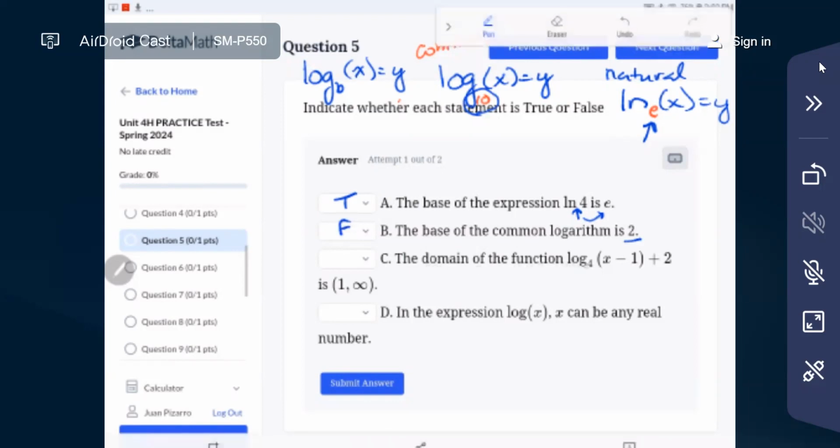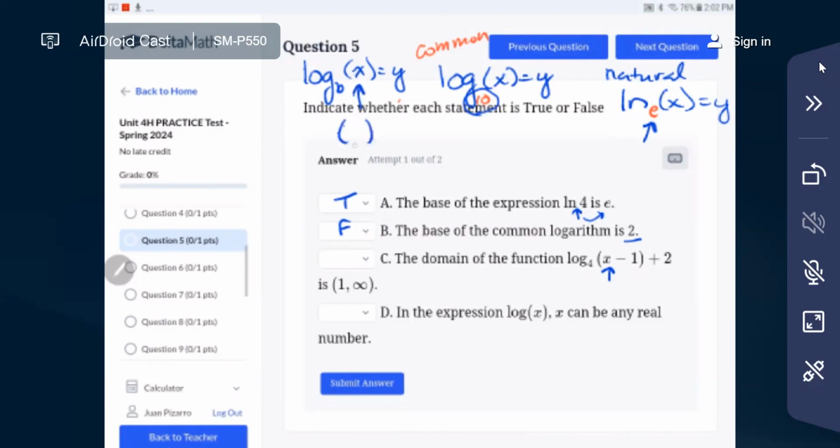The domain of the function is 1 to infinity. This requires us to remember that in our log x form, this argument must be greater than 0.